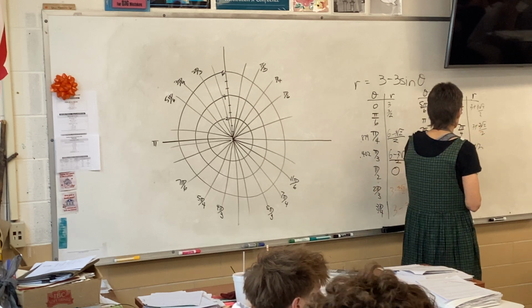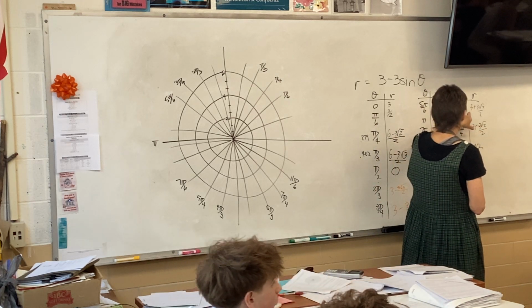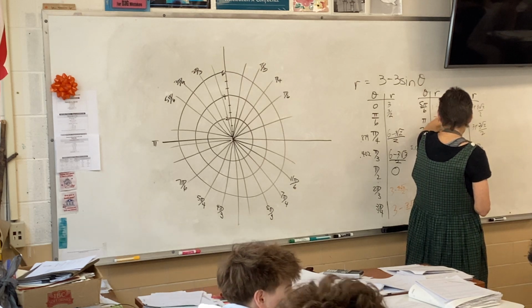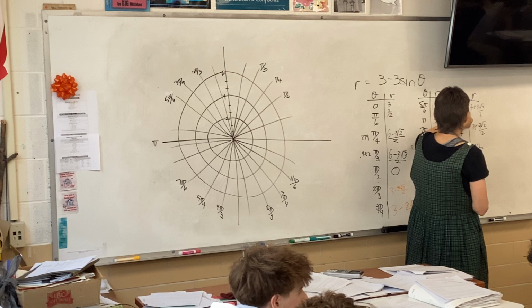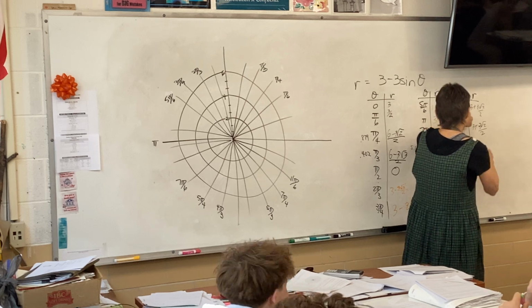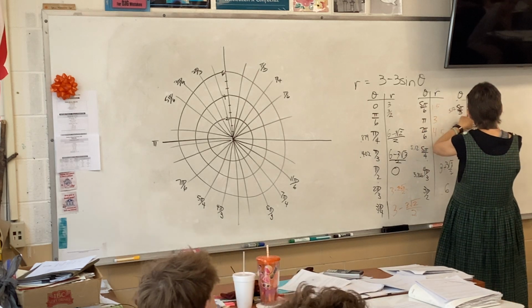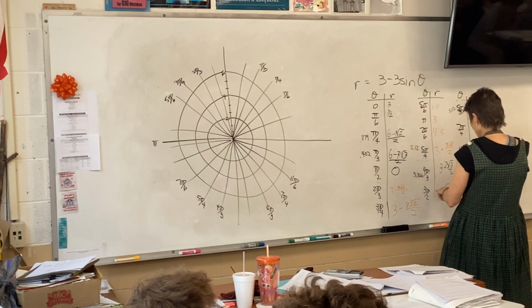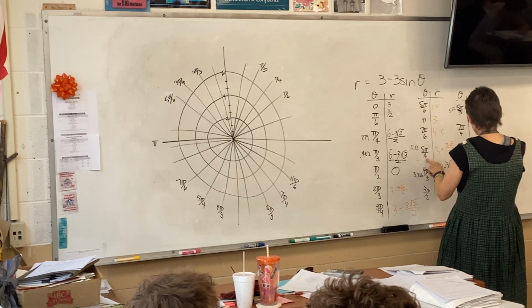That makes more sense, yeah. Okay, what did you get for 5 pi over 3? Same thing. 3 plus 3 root 3 over 2. Okay.